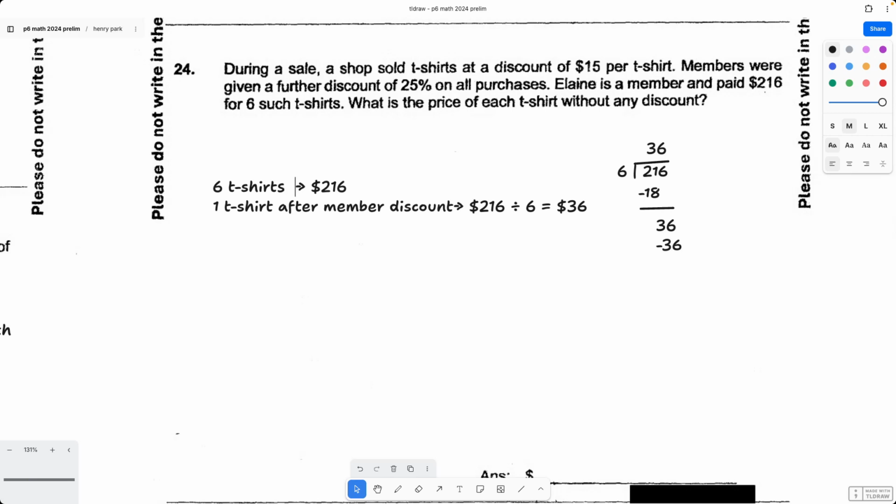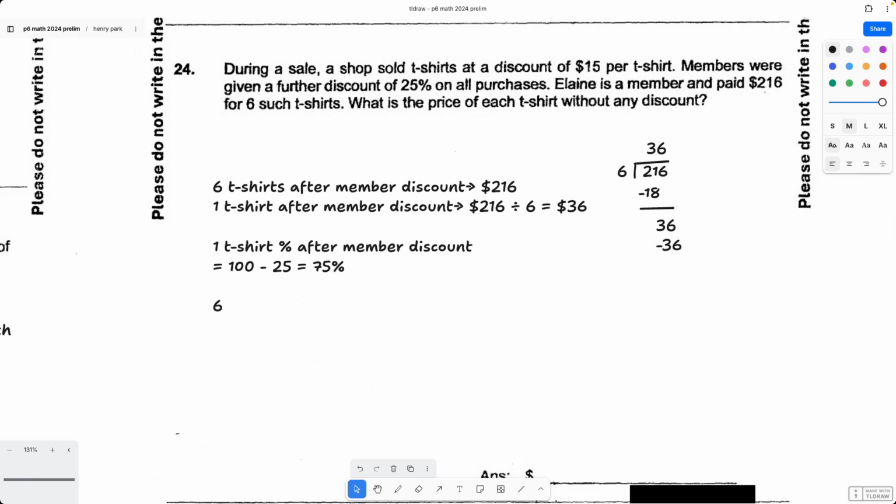So for this, that means 1 t-shirt percentage after member discount is equal to 100 minus 25, which is equal to 75%. So that means 75% is equal to $36.